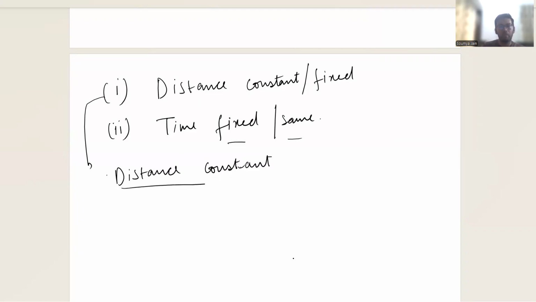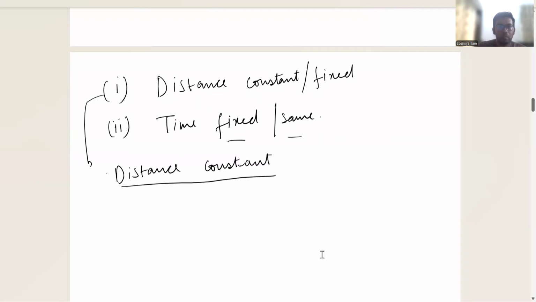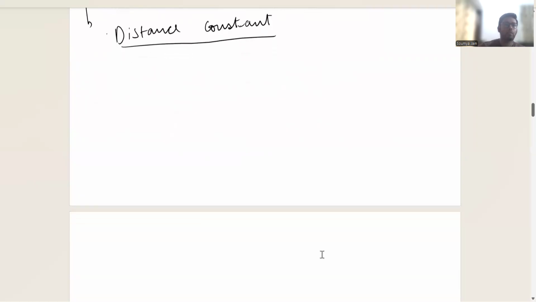Okay. Let's take an example to understand this. Suppose this is my home. Okay. This is my home. Now, every day, what I do is I go from here to my office. Now, home is fixed at this point.